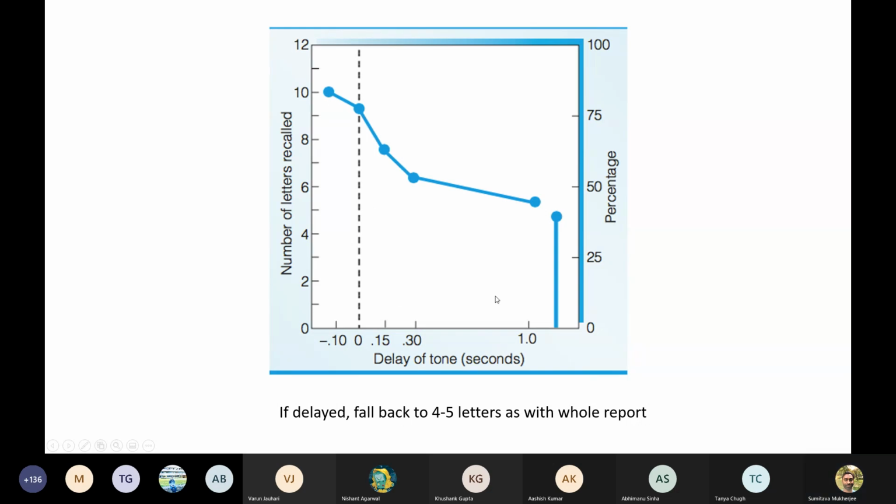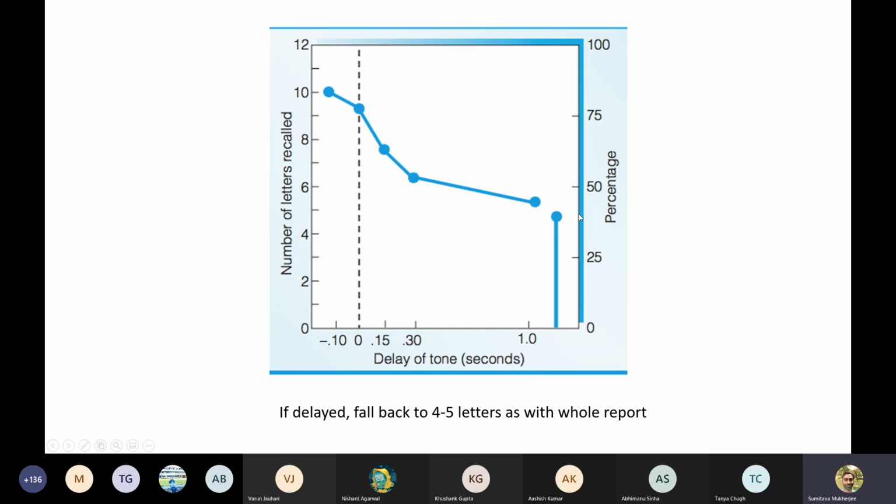So what you were getting in the initial part, when we were asking people for a full report of all the letters, was about 4 letters or so, which is what happens when you have no effect of the cue.